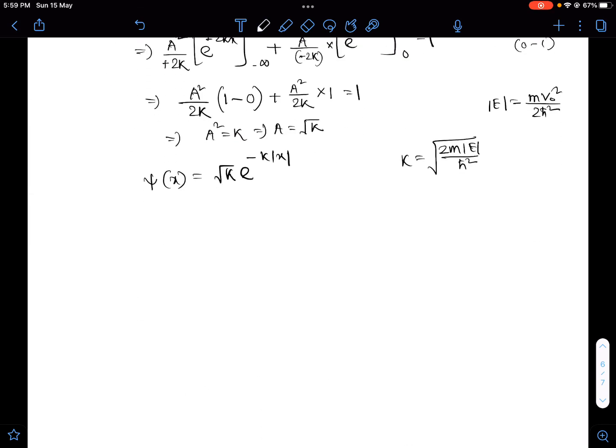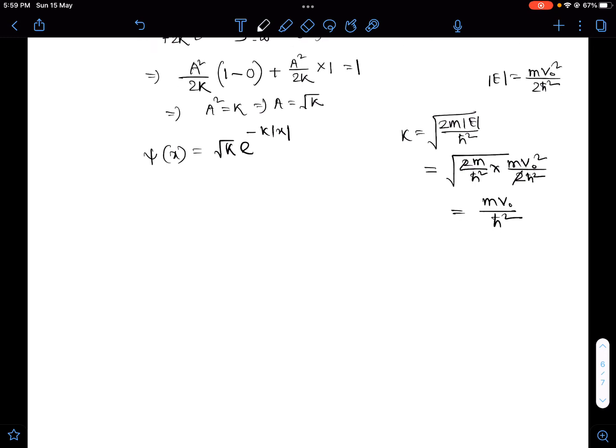Yeah, so if we put that, it will be 2m by ħ squared, and we have mV0 squared by 2ħ squared, so we will have mV0 by ħ squared. So that is the value of k.